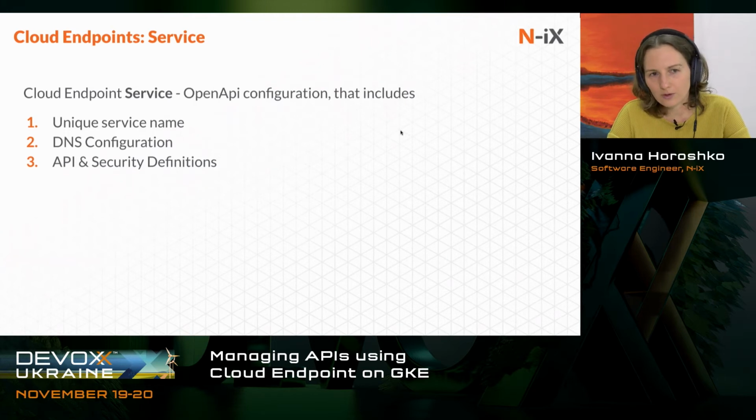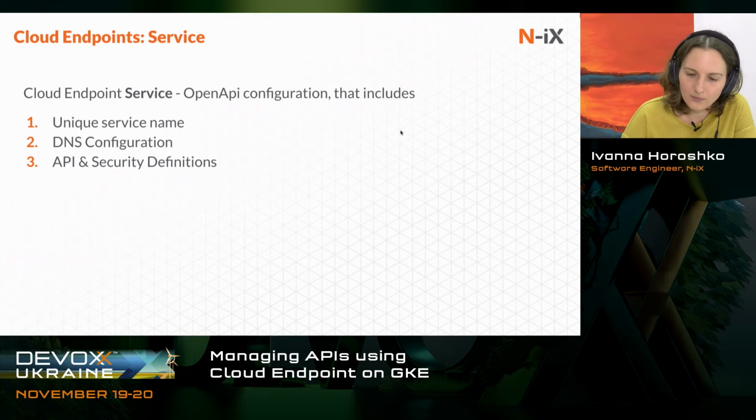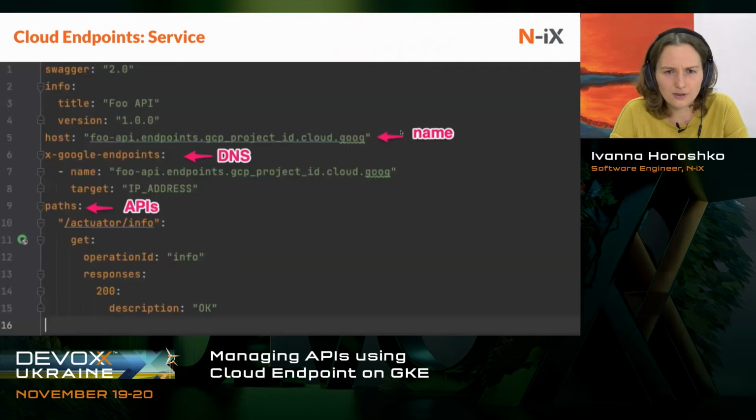Because the Cloud Endpoints service is an OpenAPI specification, that's very straightforward and easy, because I think we all at least once tried to define our APIs using the OpenAPI specification. Here I have an example, a screenshot, so you can see it's in YAML format. You add some attributes like info, title, and so on. The one important one is host.